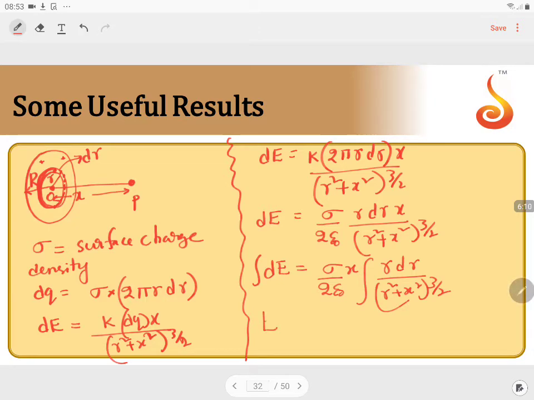So the integral of this will be sigma x divided by 2 epsilon naught into minus cos theta divided by x. Here x will be cancelled, and theta should vary from 0 to theta naught. I will tell you what theta naught is. So remember this integral: sigma by 2 epsilon naught into minus cos theta.